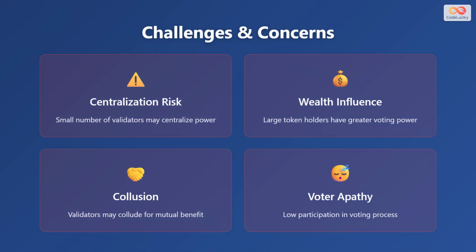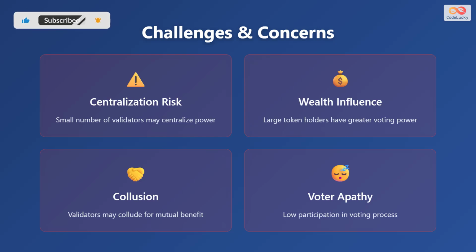Despite its advantages, DPoS faces several challenges and concerns. Centralization risk is a primary concern, as the small number of validators may lead to power concentration among a few entities. Wealth influence is another issue. Since voting power is proportional to token holdings, large token holders have significantly greater influence over delegate elections than smaller participants.